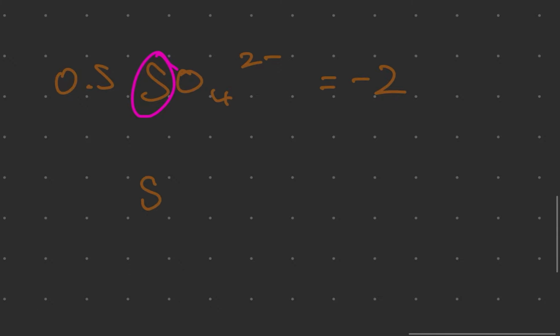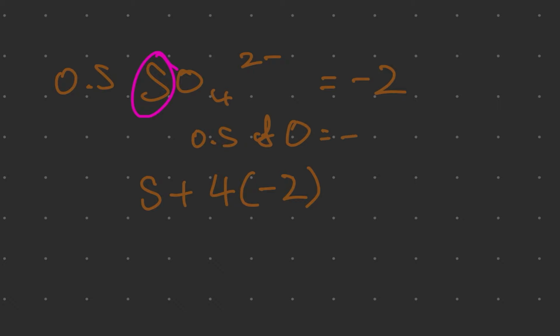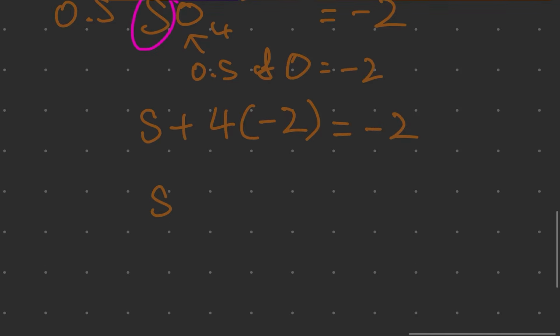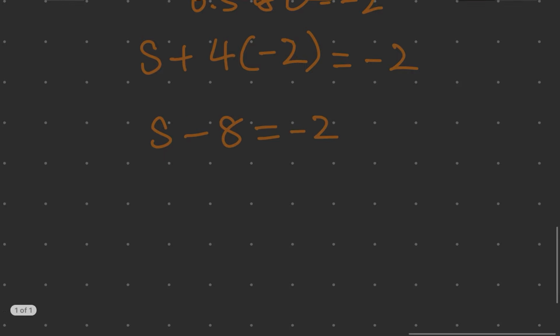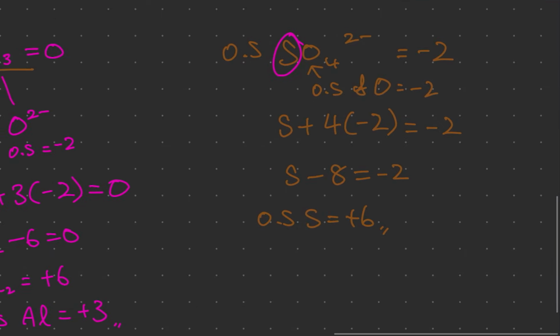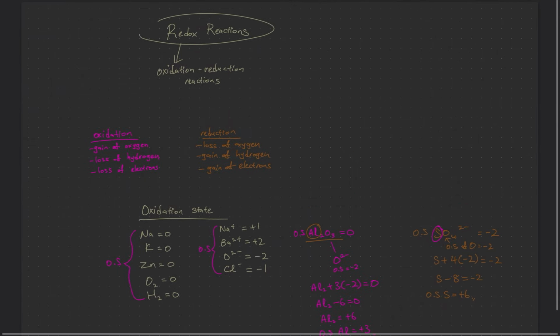So we write S plus 4 times -2, plus the OS above, will equal -2 in sulfate. So S minus 8 will give me -2. So I'll bring the 8 over, so S will equal +6. So the OS of sulfur in sulfate is +6. Alright, we've got that? Okay.